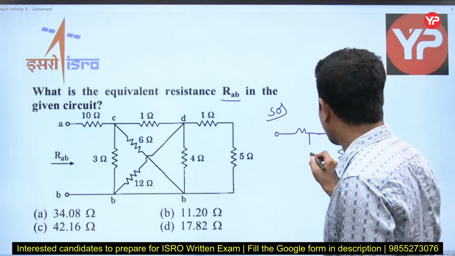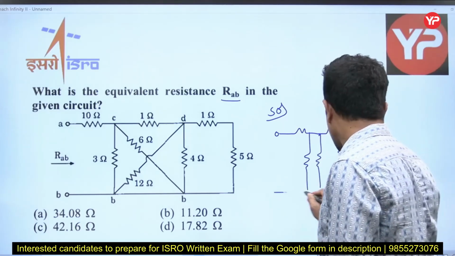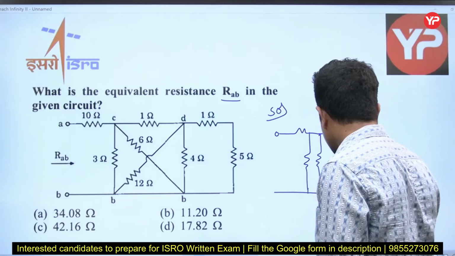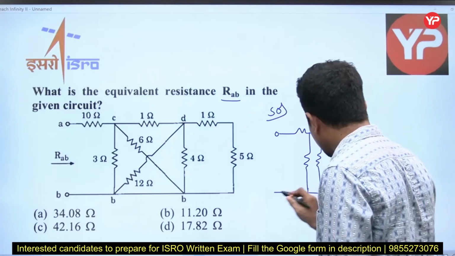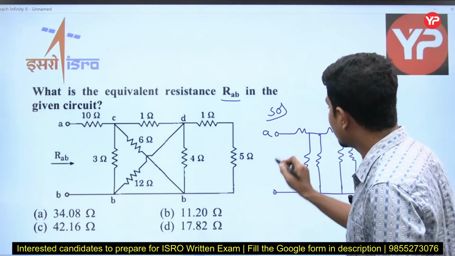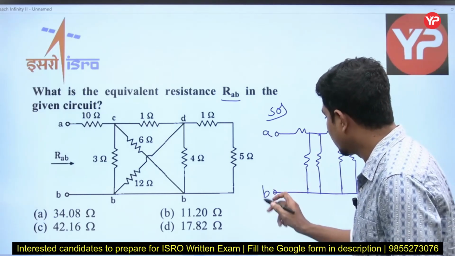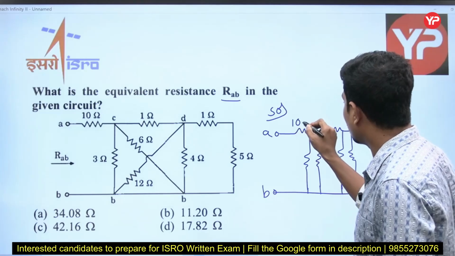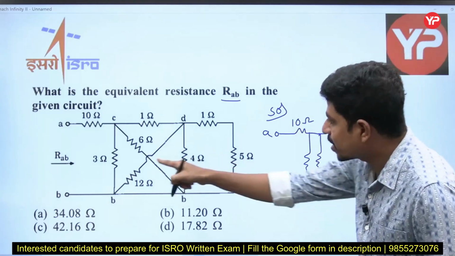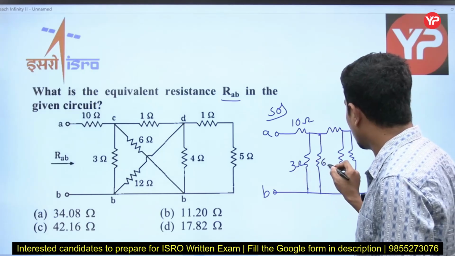Yes, we have a 3 ohm here. This 6 is in parallel with 3. Now this is A, this is B, this is B. This is 10 ohm. This is 6 in parallel with 3. This is 3 ohm, this is 6 ohm.